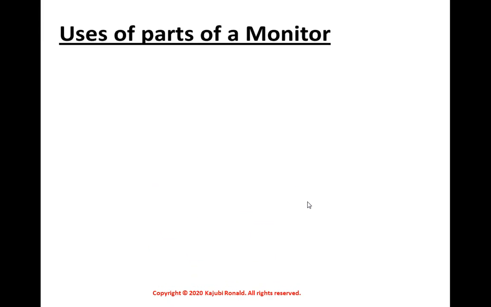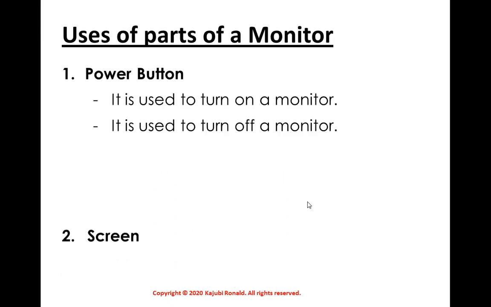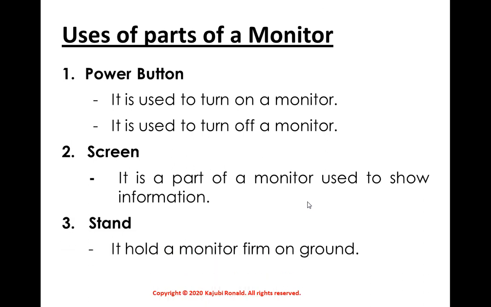Let us look at the use of each part of our monitor. The power button is the one we use to turn on. Turning on means starting, so switching on. So we use a power button to turn on a monitor.